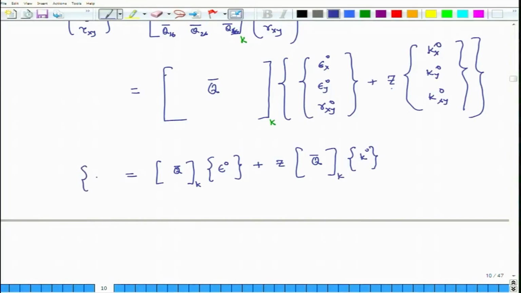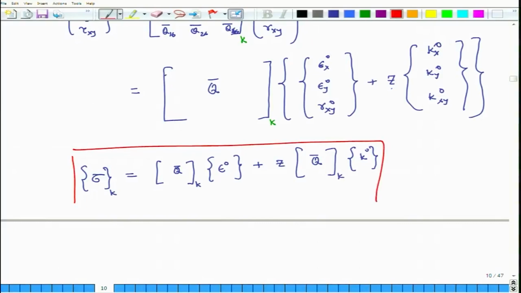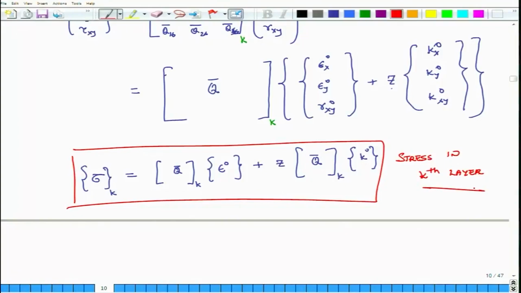So, this is my overall stress in the kth layer. So, this is the relation for stress in the kth layer.